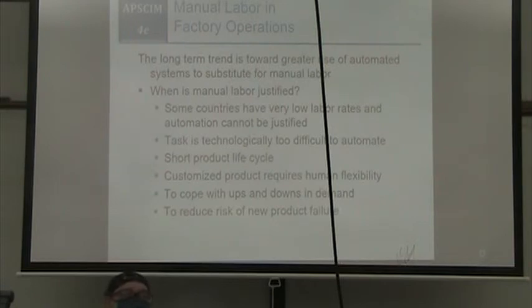Things when we have short product life cycles, the product is only going to last a short time before a new and different product is brought in. By the time we get the automatic machine set up, that one's already over. Some customization will require that human flexibility to be able to do it.